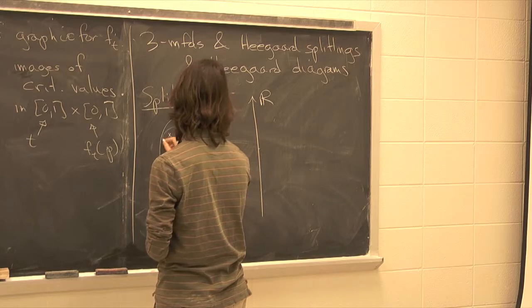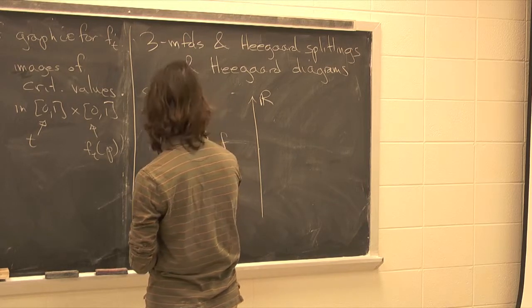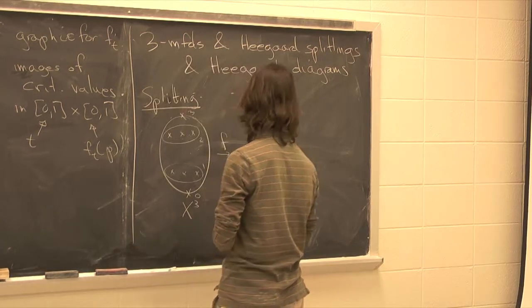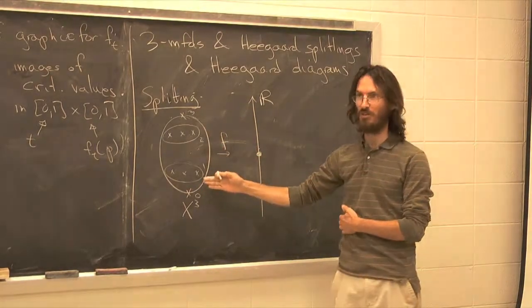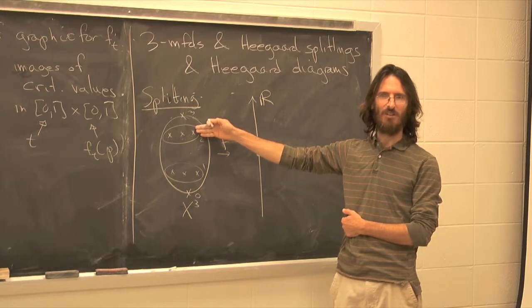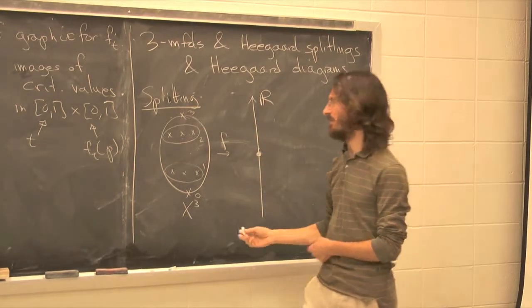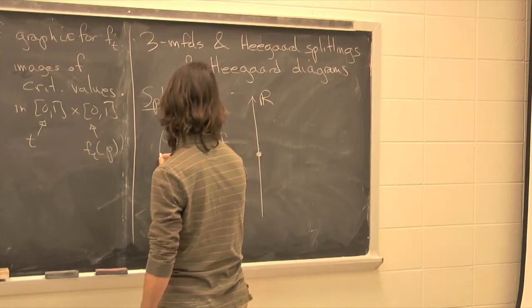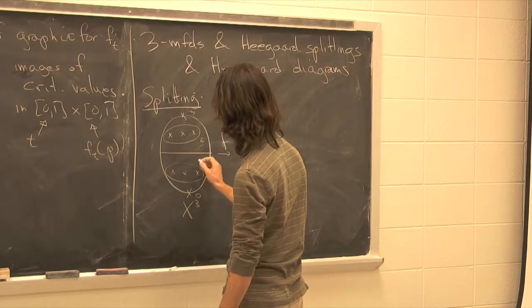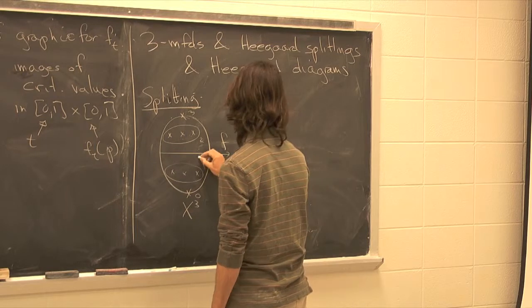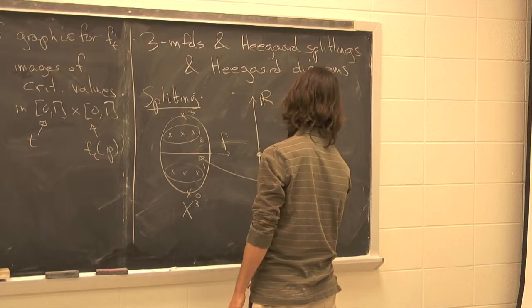You arrange the index 1s all below the index 2s. You look at some regular value in between the index 1s and 2s, and then you take the inverse image of that regular value, and that inverse image is a surface. That's a surface that we call the Heegaard surface.